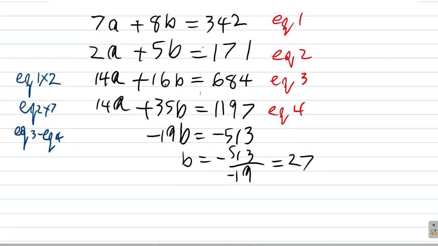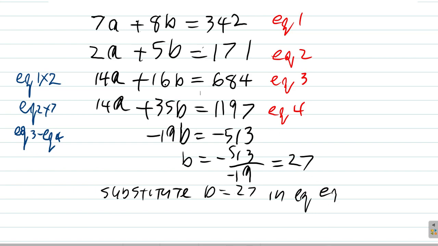Now that you have b as 27, you can substitute b equal 27 in equation 1, 2, 3, or 4; you're going to get the same thing. The simplest is equation 2, since you have smaller numbers.